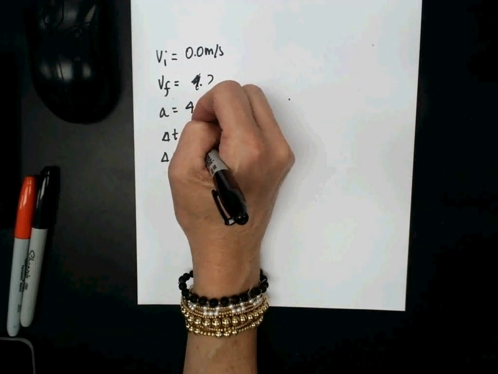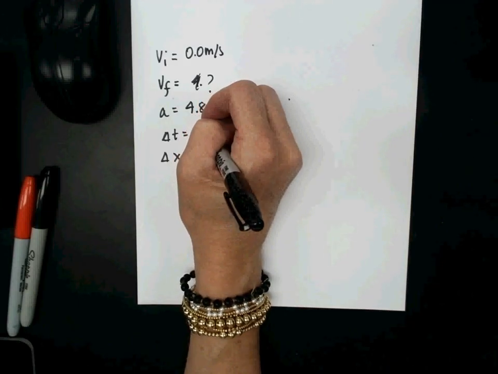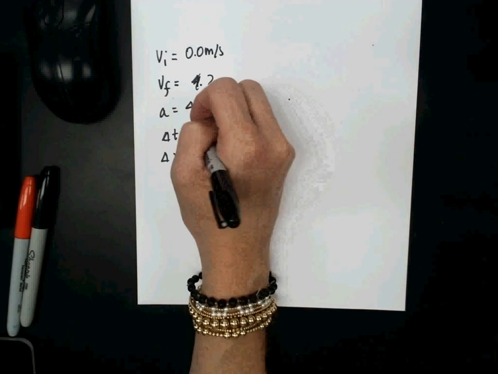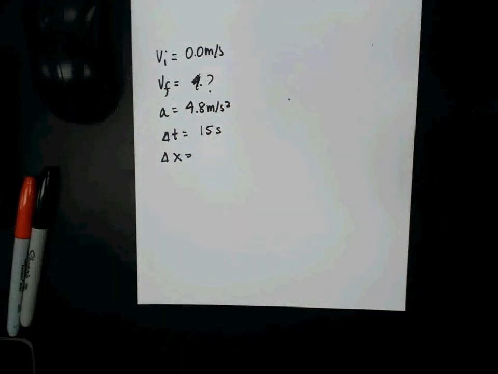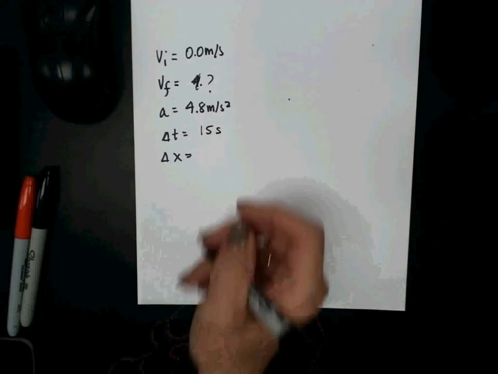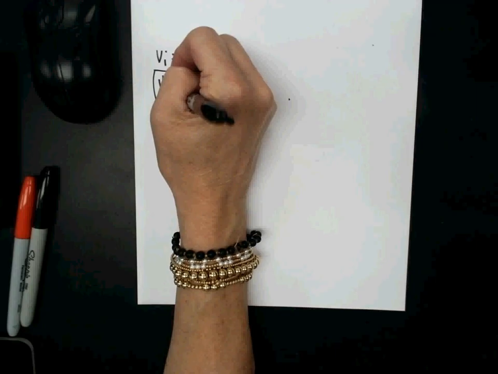Do I have a time, Nicholas? 15 seconds. Do I have a displacement? Wait, let's get on the right one. We should be on the white one. Is there a delta X, Ellie? No. Okay. So I've got two variables I've got to figure out.